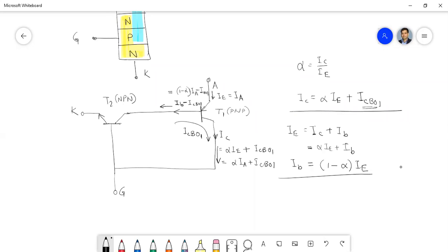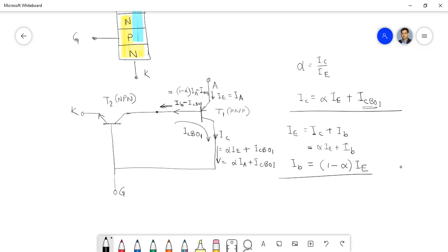That is the actual current flowing through this path. So this completes the T1 transistor.